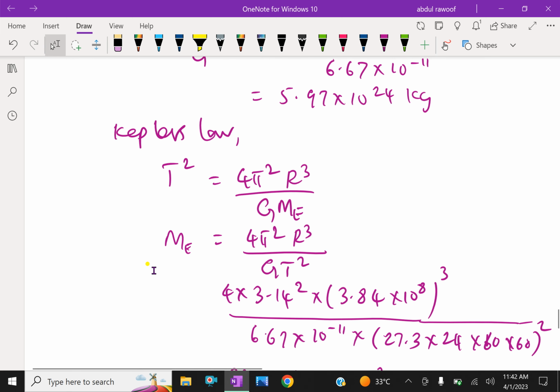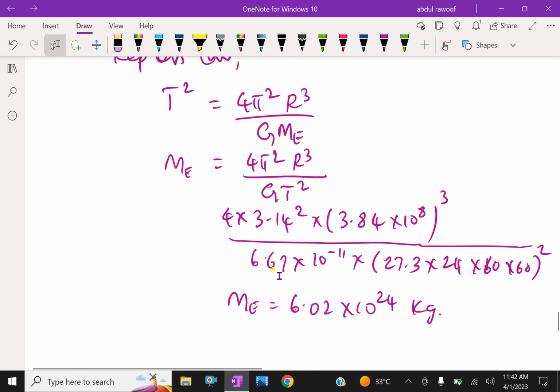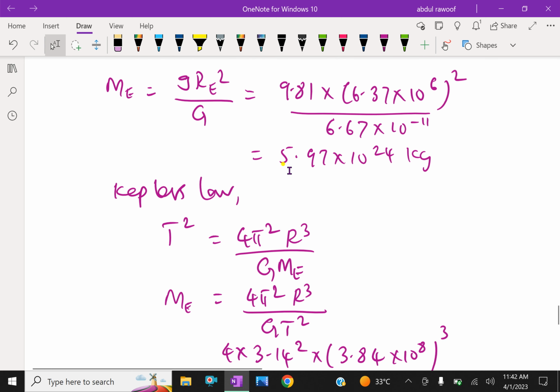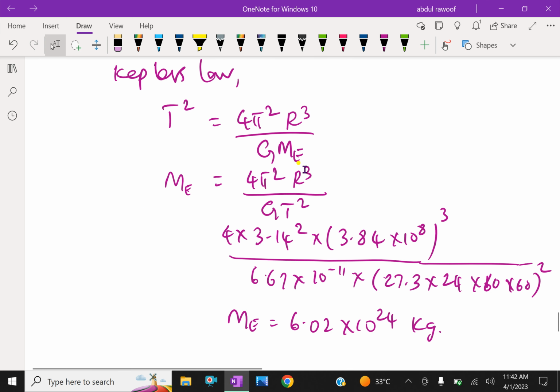Look here: the first way gave the mass of the Earth as 5.97 into 10 raised to 24 kg, and by this method we get 6.02 into 10 power 24. These are nearly equal. So we got the mass of the Earth in both ways.